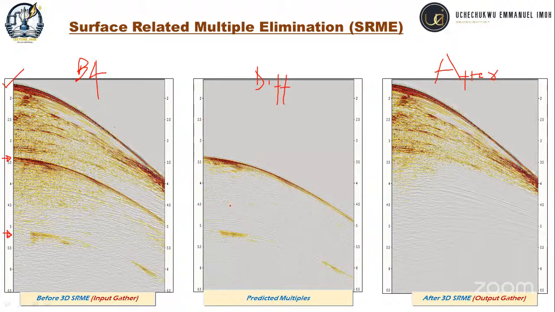If you are not conversant with the term multiples, and they are not properly attenuated during processing, then when you see them in your seismic stack sections after processing, you will start looking at them as an event. So you'll be misled during interpretation. That is the reason why I'm trying to throw some light on processing instead of jumping straight to interpretation.